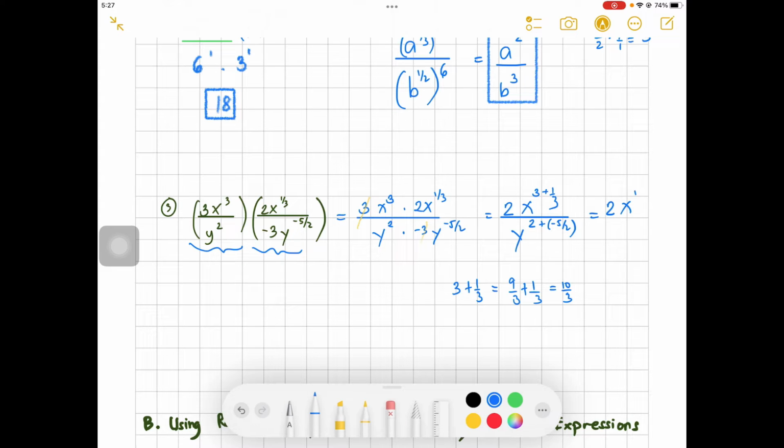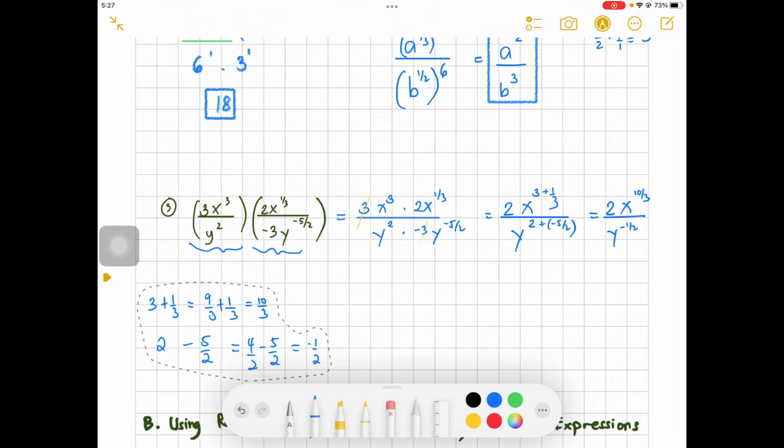So x raised to 10 over 3. How about 2 minus 5 over 2? This is equal to 4 over 2 minus 5 over 2, that is negative 1/2. So y raised to negative 1/2. What will we do with the negative 1/2 in the denominator? We put it in the numerator. So 2x raised to 10 over 3 y raised to 1/2.